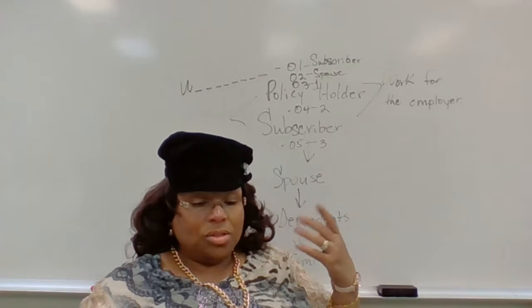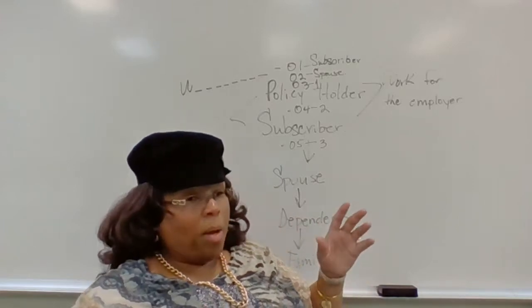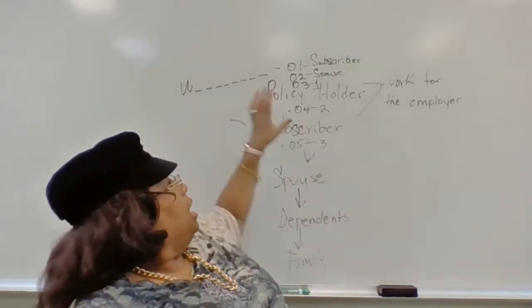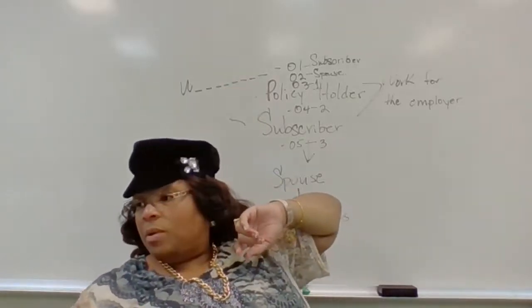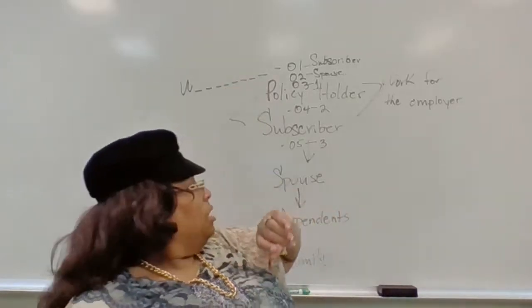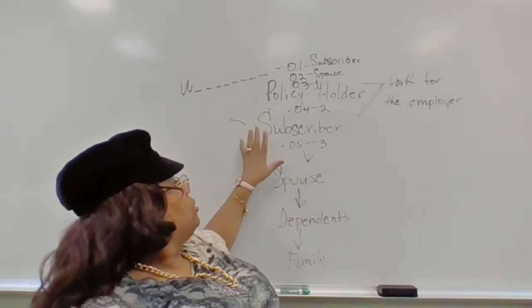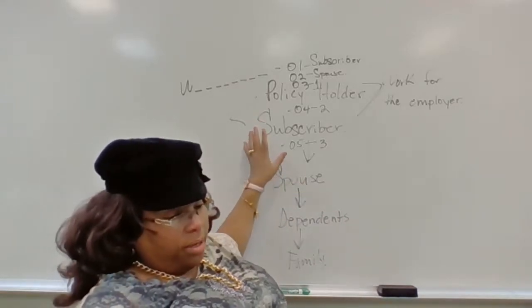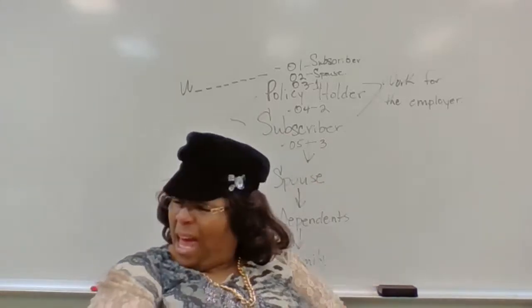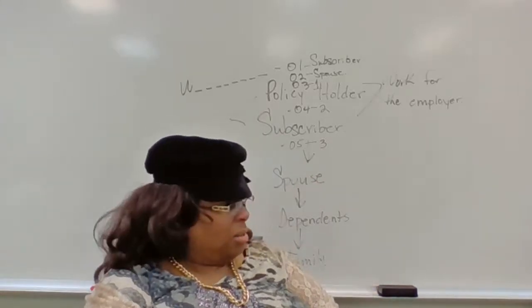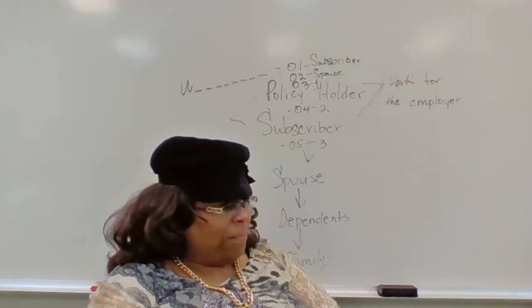Me and the spouse. Check off that box. If it was Bobby Joe seeing the doctor, it would be him, the policyholder himself. What if it was one of our kids? If we had kids. Well, if it was one of our children, then you would check off what? Child. Okay.